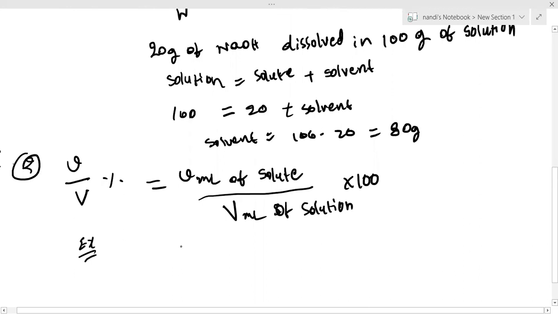These concentration methods can be used for any syrups, any liquids, any chemicals they mention. These are compositions, so this is for liquids.